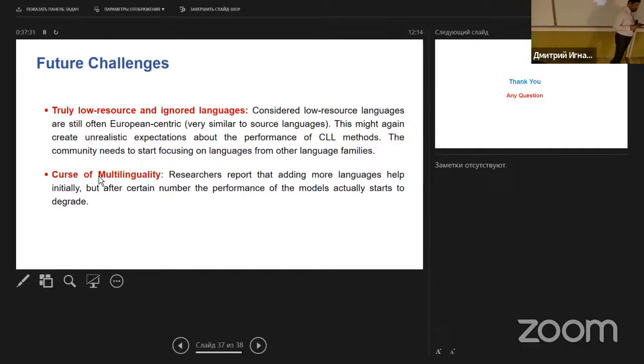And with multilinguality, there is a limitation with this multilingual framework: researchers usually report that when we add languages, initially the performance improves, but at a certain number of languages, the performance starts decreasing. So we have to deal with this also.